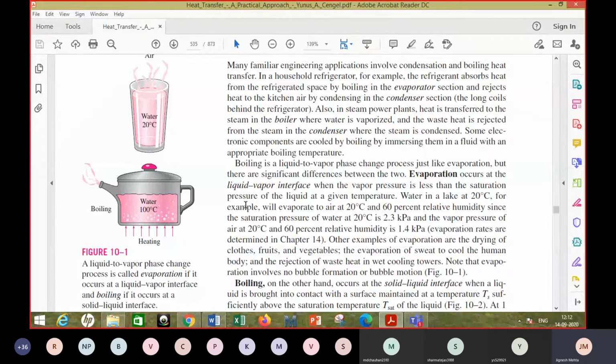So ultimately, water has to reach 100 degrees Celsius so that the real boiling can start. And this surface is actually at a temperature higher than 100 degrees Celsius, right?